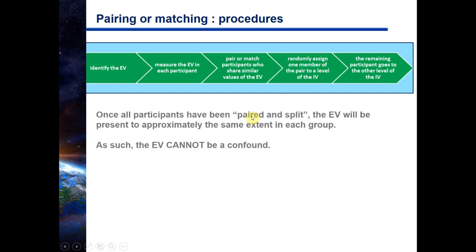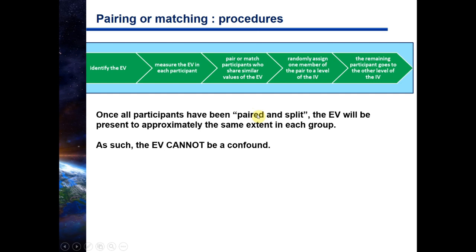This pairing and splitting technique ensures that the extraneous variable will be approximately the same in each group. That has to be true if you have paired them on similar values. So if you have a 12 and a 13-year-old, one goes to one group, the other goes to the next group.